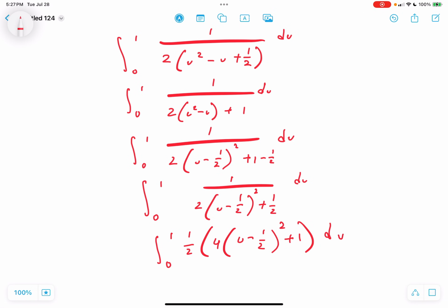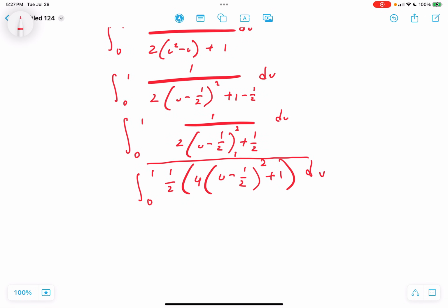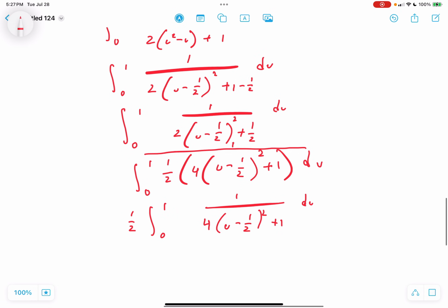And remember, this is still all over 1. I forgot to put that. And now, notice that I can factor out this 1/2, so take it out of the integral sign to get 1/2 integral 0 to 1 of 1 over 4 times u minus 1/2 squared plus 1 du.